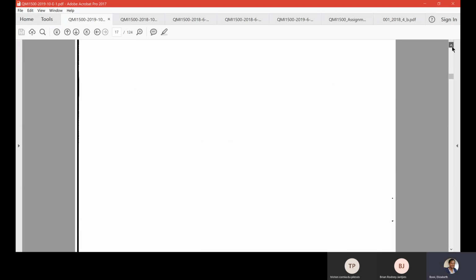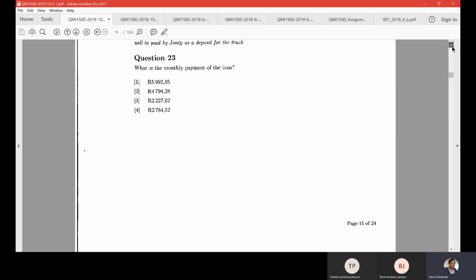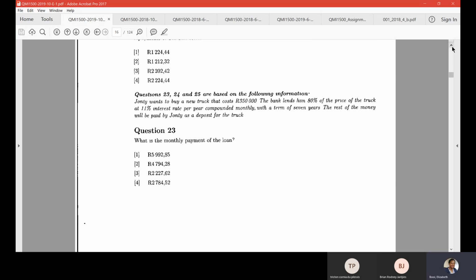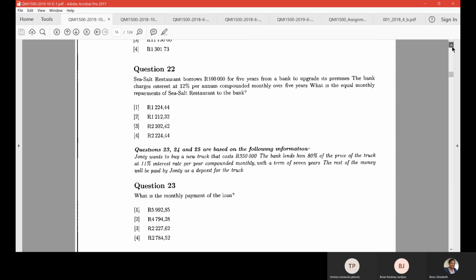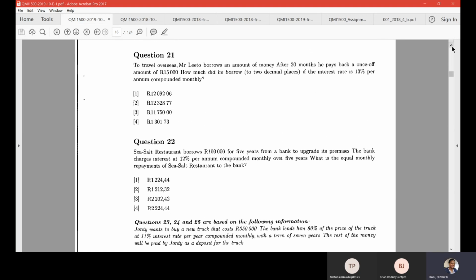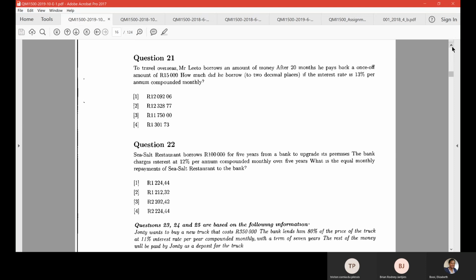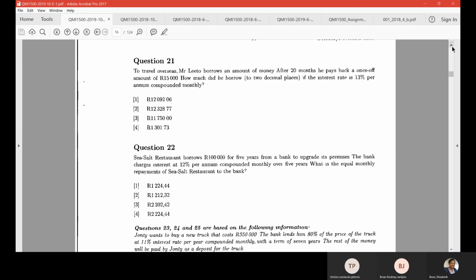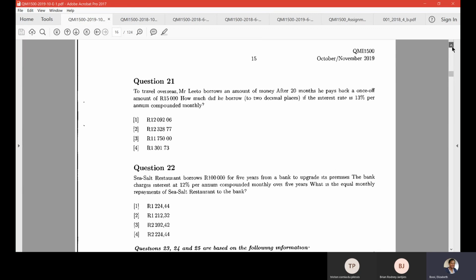And usually your financial maths questions are from question number 21 or so. They make the bulk of your exam paper, because about 10 or 12 questions come from financial maths. Okay, so this is payments.